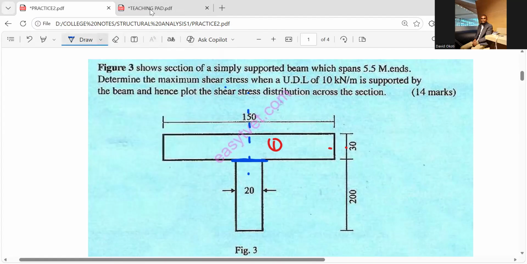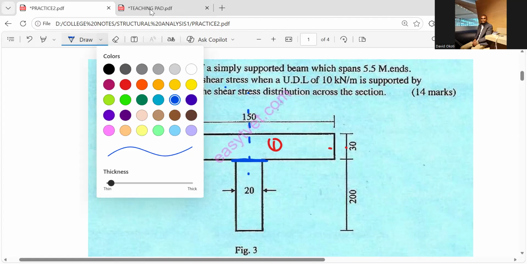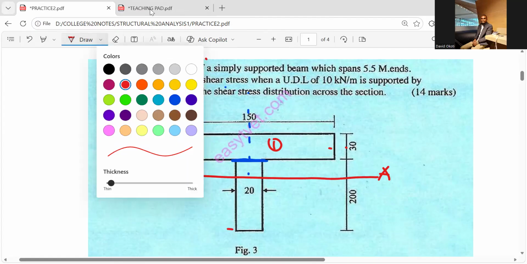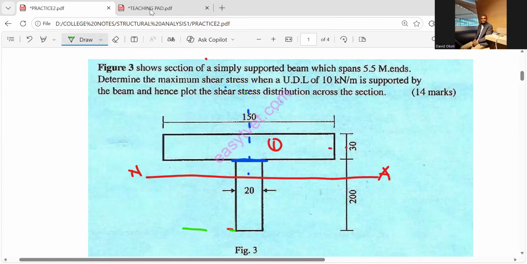So let me have it here. This is my neutral axis, and from the bottommost, it is at 160.88 millimeters.